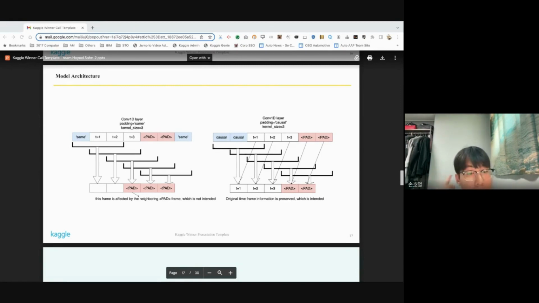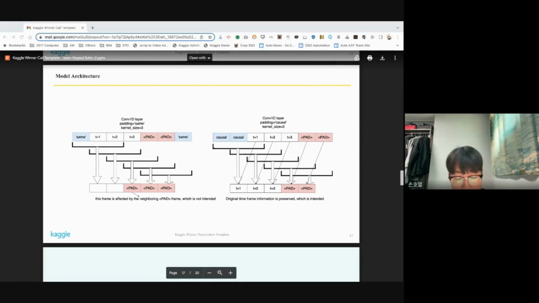For example, in the situation where padding equal to same is primarily used, the kernel passes over each time step. The data corresponding to the future of that time step is also included in the kernel calculation, meaning the third frame in this example, after passing the convolution operation, uses the padded token for the calculation.